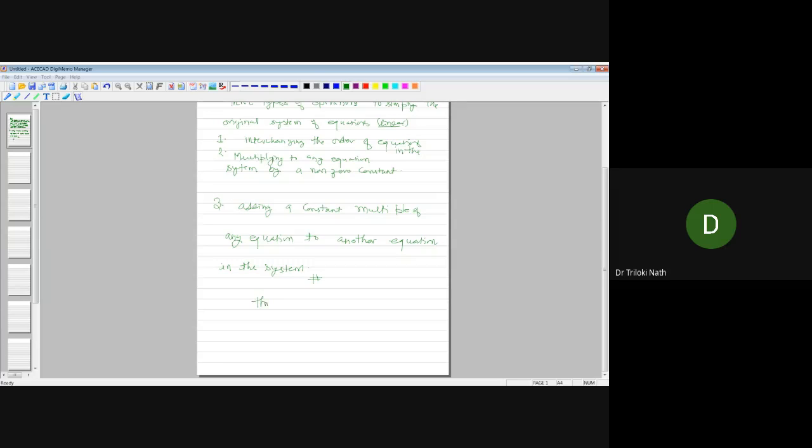So these three operations do not change the solution, of course, of a system of linear equations.